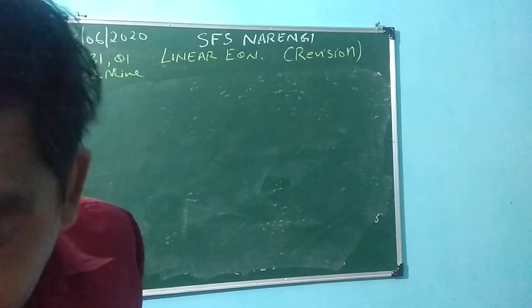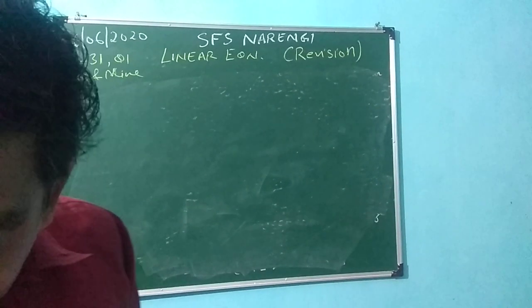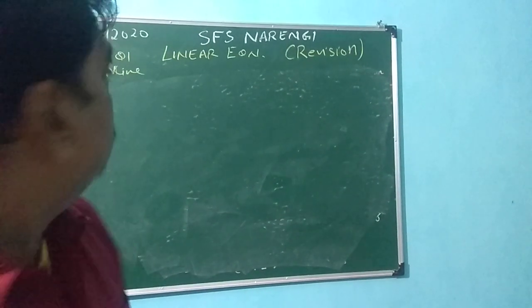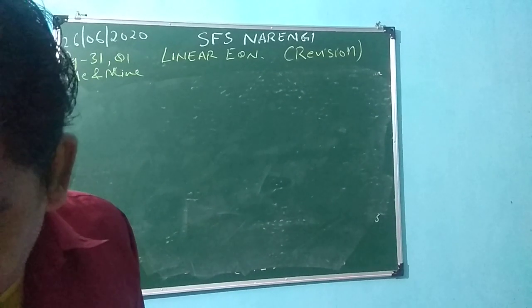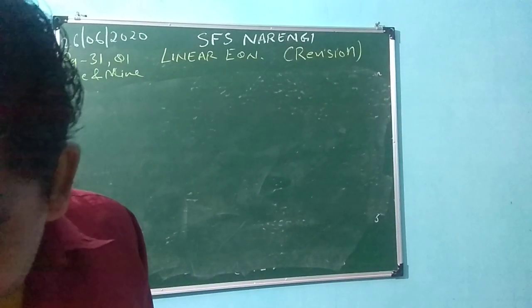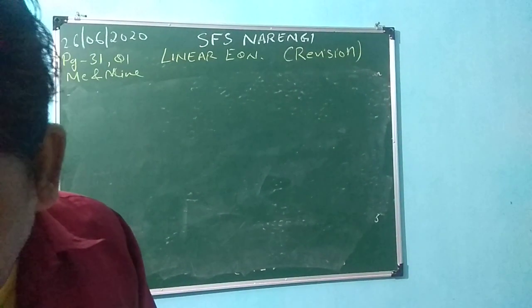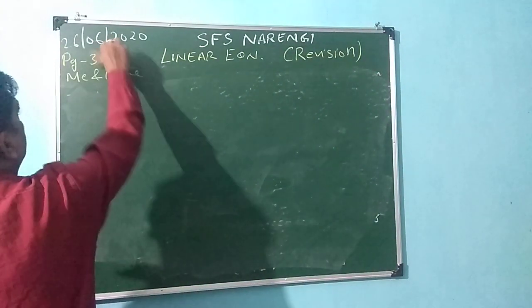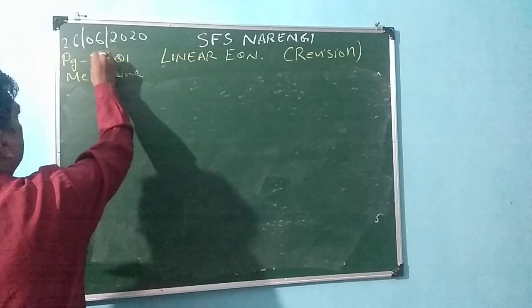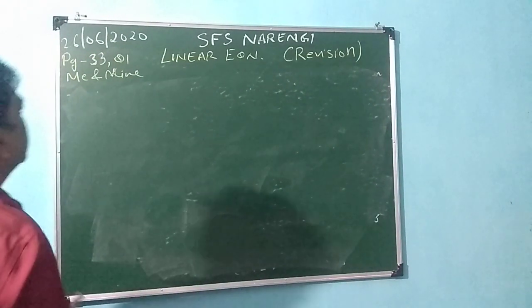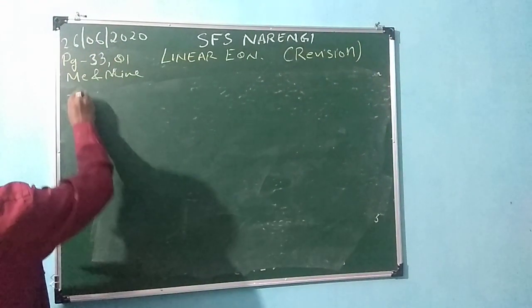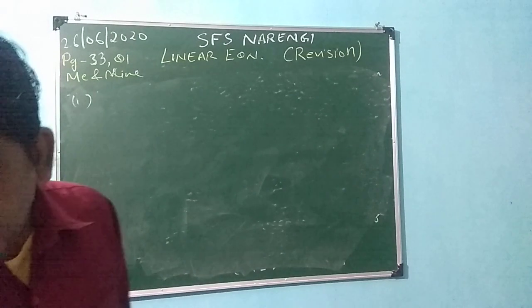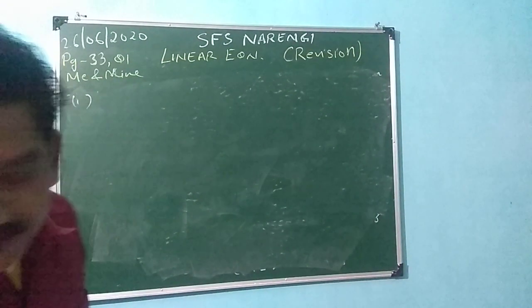The next question from me and mine is page number 33, question number 1, the first part. This page is 33 now. You have to find out the value of x again.